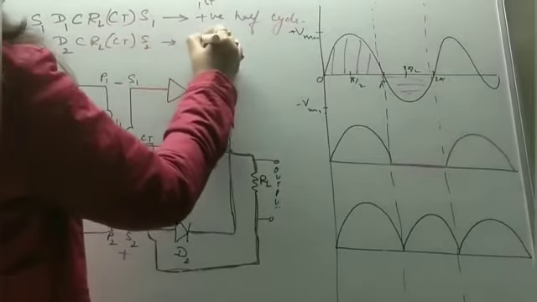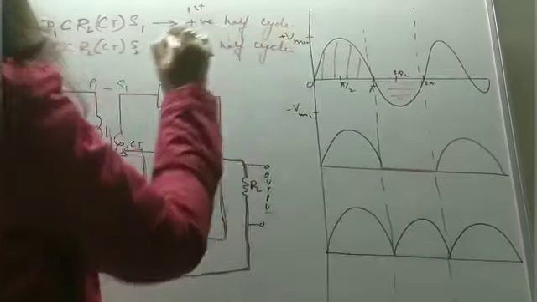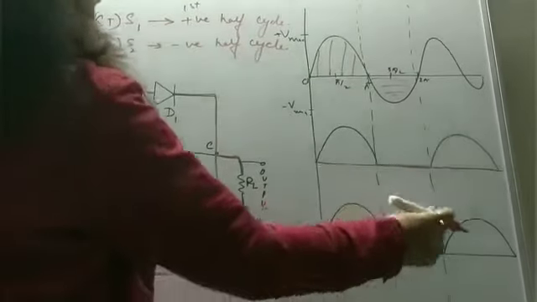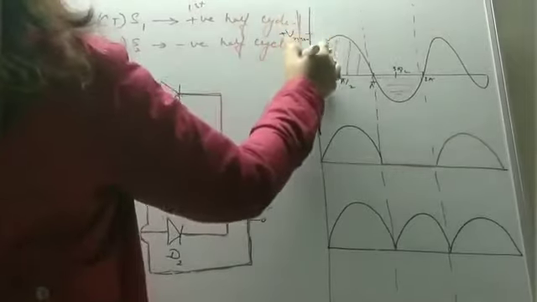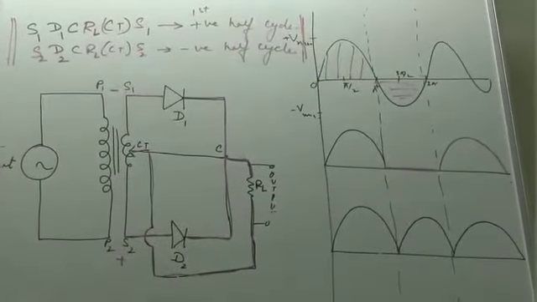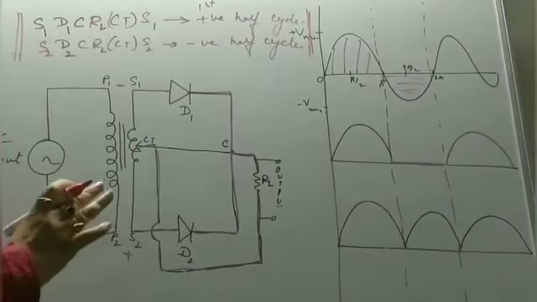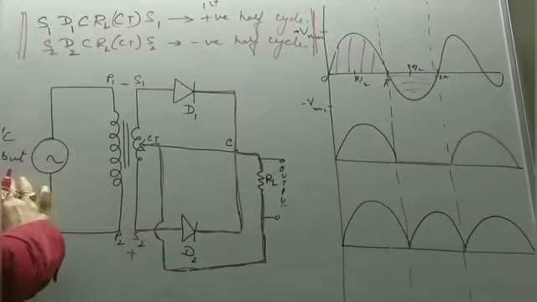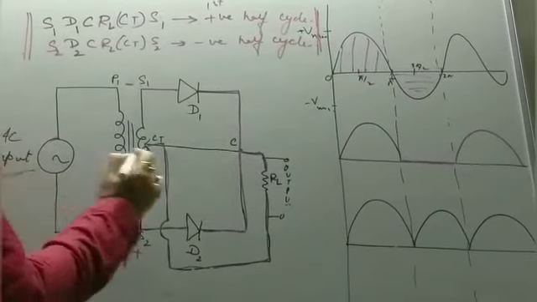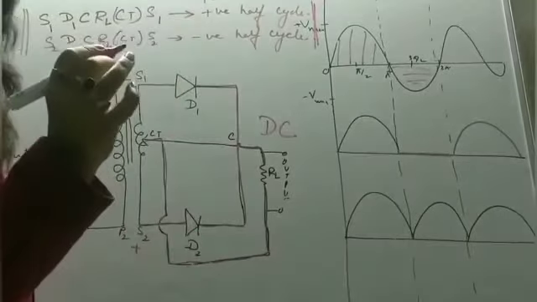This is during the negative half cycle. So here we are getting current in both cycles, and this is the direction of the current. This is called the rectifier and the process is called rectification. We have changed AC to DC. Here we are using AC and we are getting DC as the output. Thank you, children.